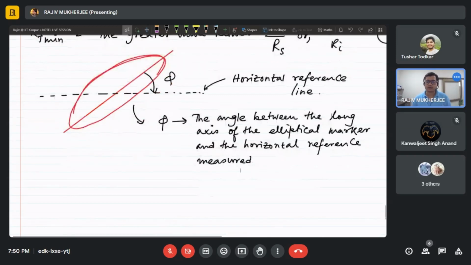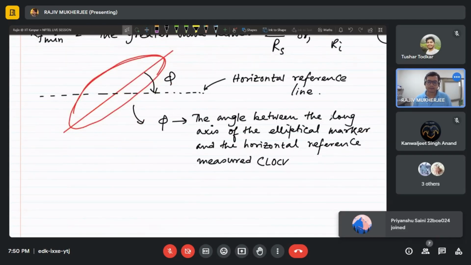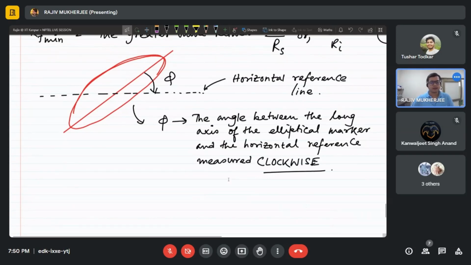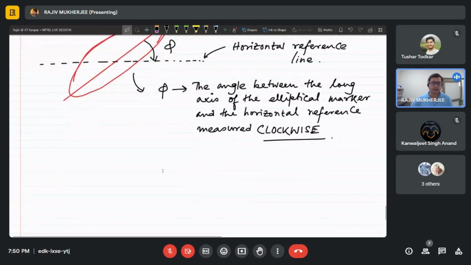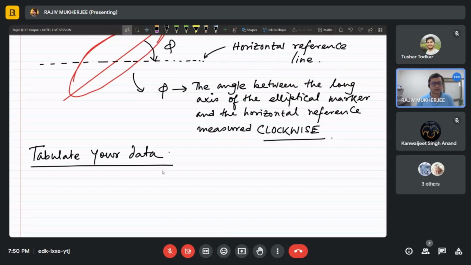So you have to tabulate your data this way. First of all, you write the serial number of each deformed marker. Then you measure the long axis.